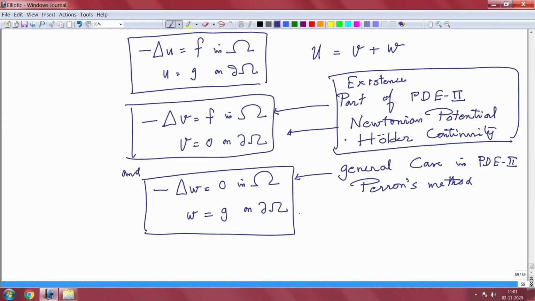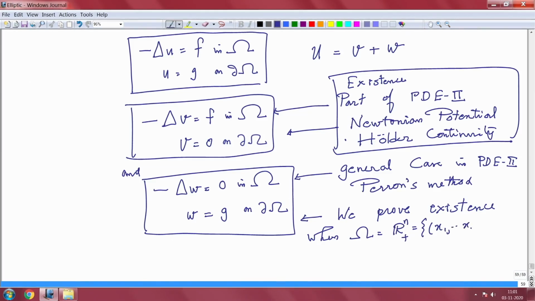But what we do now in the remaining lectures of elliptic, for this Poisson equation, we prove existence when omega is the upper half space, that is equal to R n plus. What is R n plus? The set of all x1 through x n, which we also write as x prime, x n, for convenience, where x n is positive.